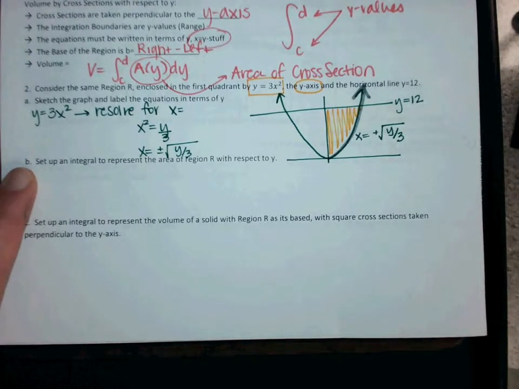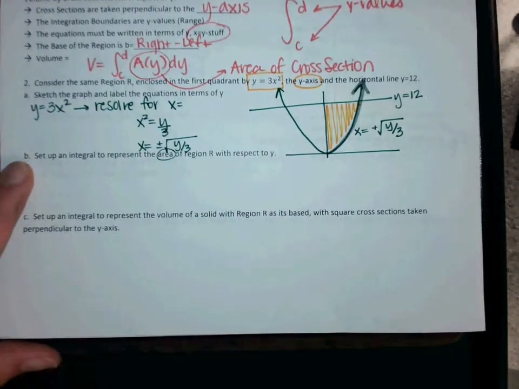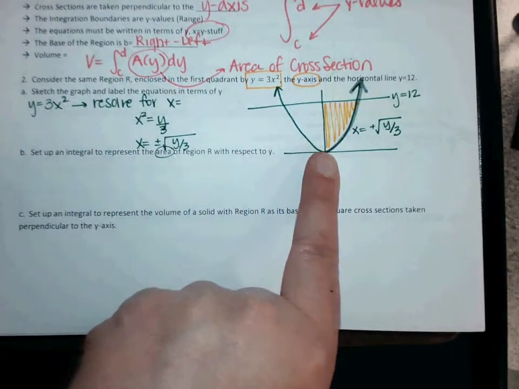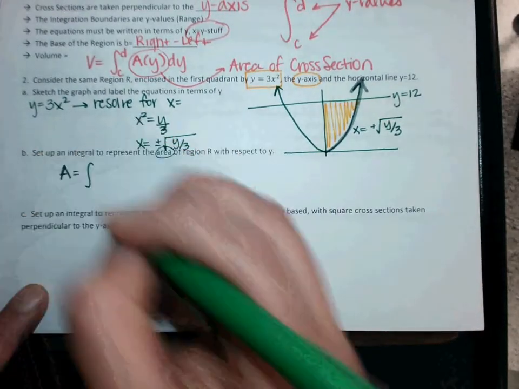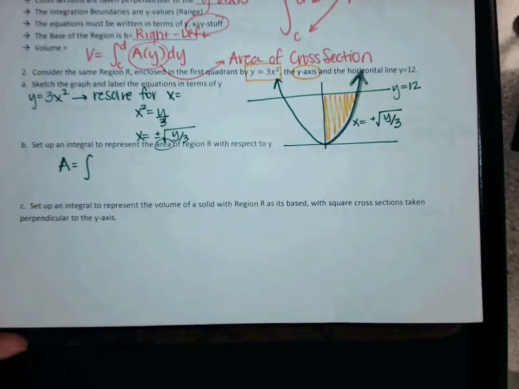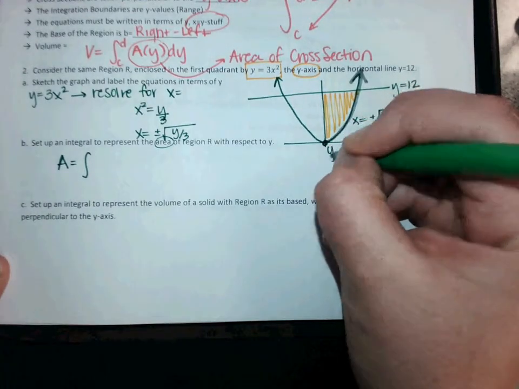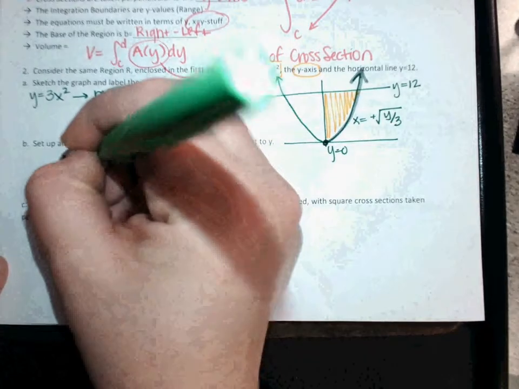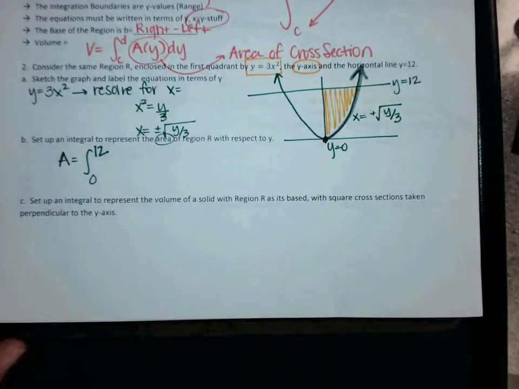Okay? Alright, so go down to part B. It says set up an integral to represent the area of the region. So if I want the area of this region, I would say A equals the integral from where to where. Give me y values. Okay, 0 to 12. And then remember that my area is found by doing the right border minus the left border.